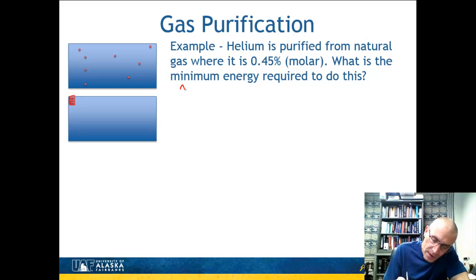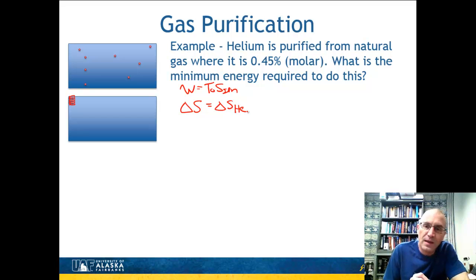Well, we know that the amount of work is going to be T naught S gen. So I want to figure out how much entropy I'm generating. What is the change in entropy? It's going to be the change in entropy of the helium as it becomes purified, and the change in entropy of the natural gas as it becomes purified. If we assume there's no temperature change, each term has the natural log of the partial pressures.